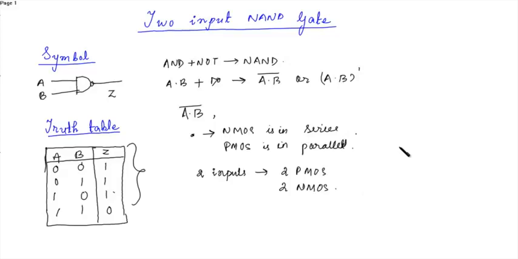Now let's move to the schematic of a two-input NAND gate.